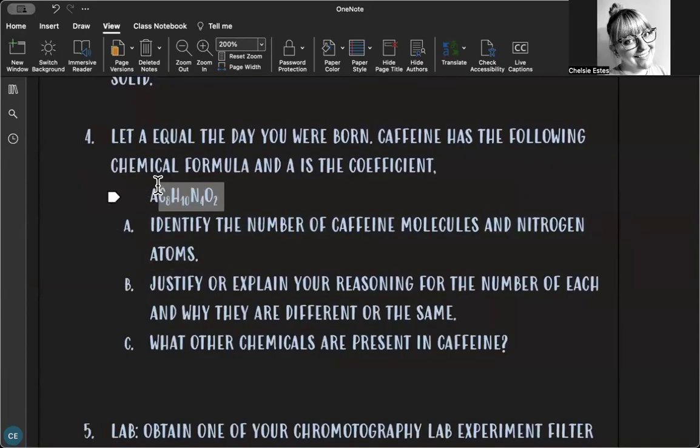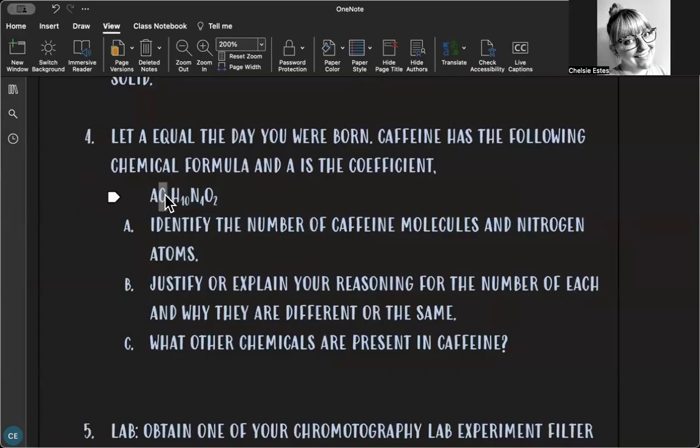So if this number outside of it was 14, remember that the coefficient has to do with the number of molecules. And then the number of nitrogen atoms, because each of these elements are individual atoms that are bonded together to form, all together, a caffeine molecule.